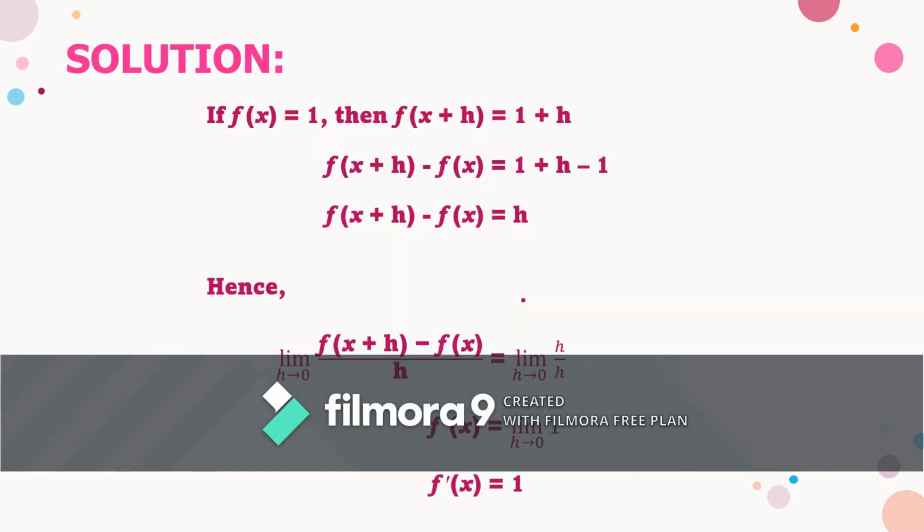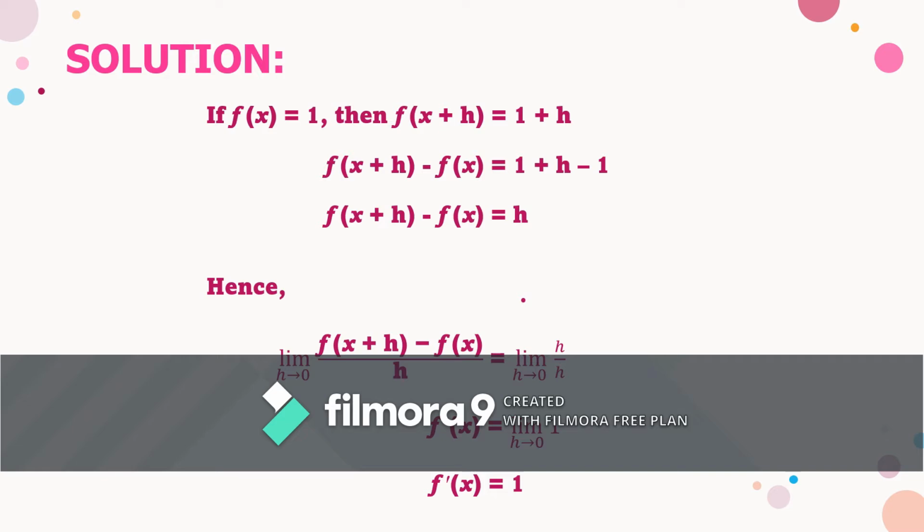Okay, so here's the solution. If f of x is equal to 1, then we write f of x plus h is equal to 1 plus h. And then we have f of x plus h minus f of x is equal to 1 plus h minus 1.